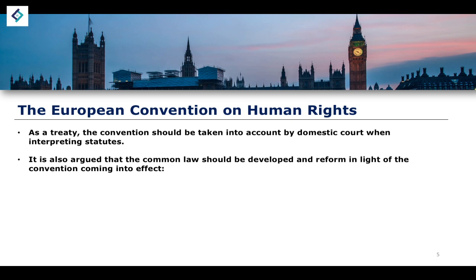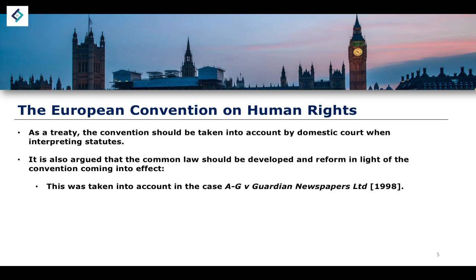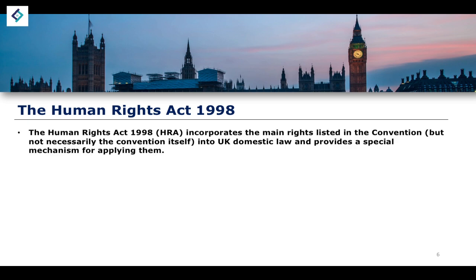It is also argued that the common law should be developed and reformed in light of the convention coming into effect. And this was taken into account in a particular case here, the Attorney General and Guardian Newspapers Limited case from 1998. But what is more important, specifically to the UK constitutional framework, is less about the European Convention on Human Rights, more so the Human Rights Act from 1998.